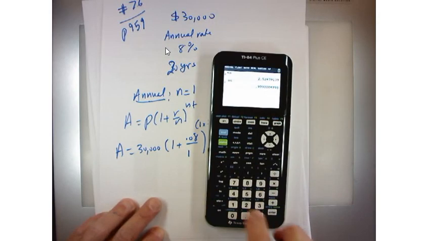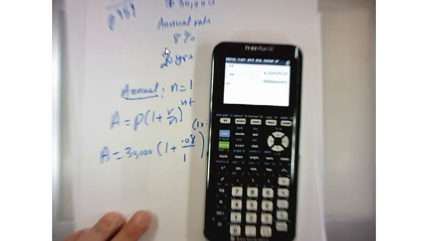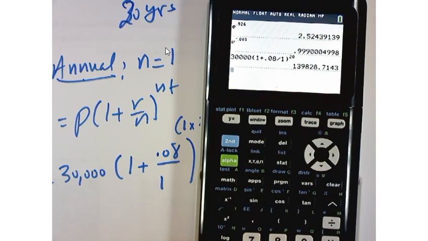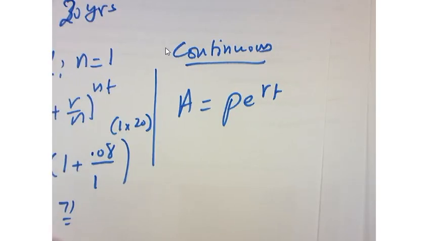So if we do that in our calculators, 30,000 left parentheses 1 plus 0.08 over 1, right parentheses to the power 1 times 20, which is 20. And that's how much you end up with: $139,828.71 after 20 years.